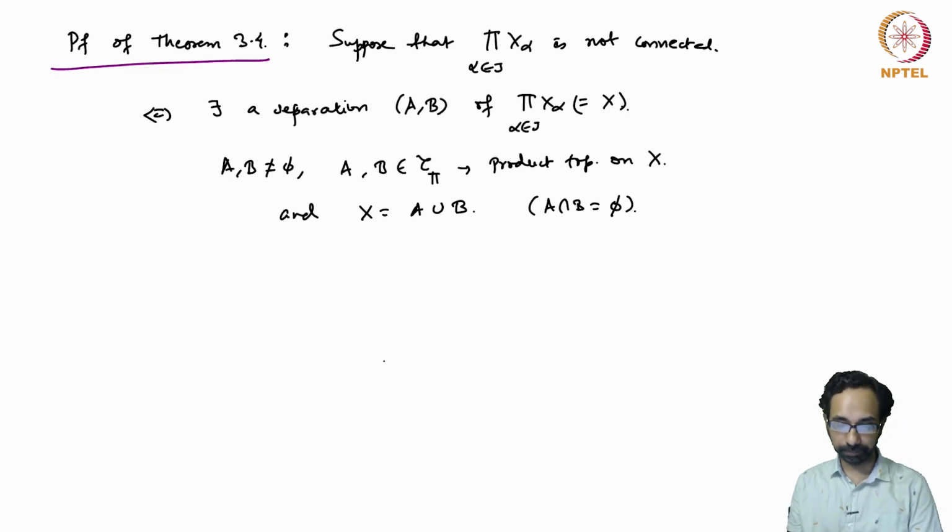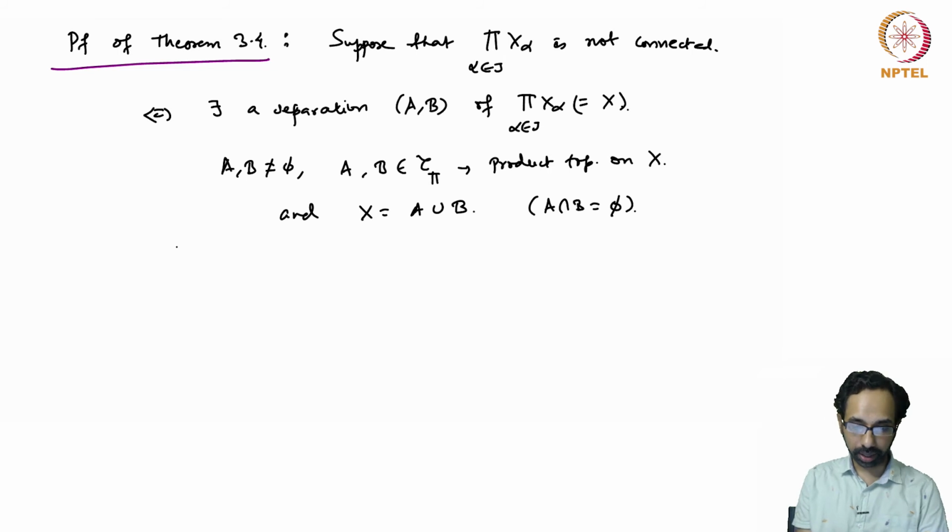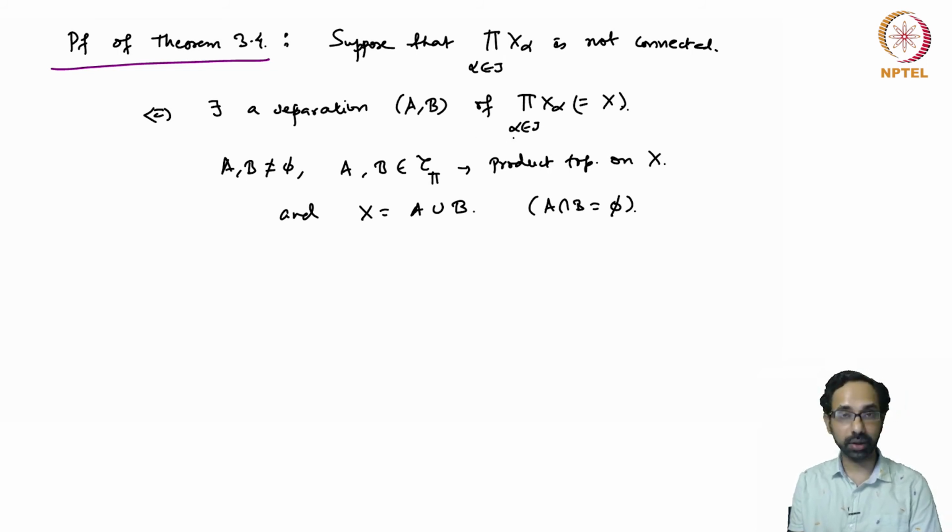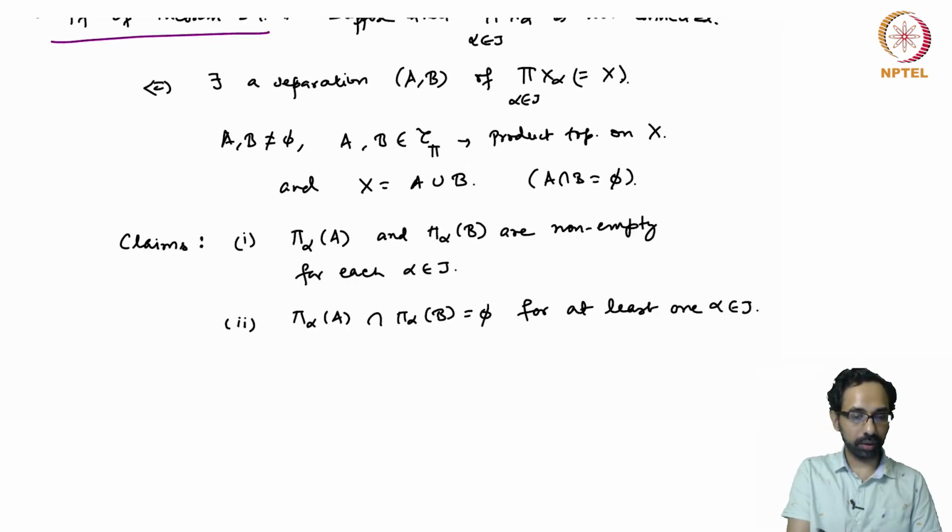Now A and B themselves are sets, subsets of the arbitrary Cartesian product. And now we make two important claims.